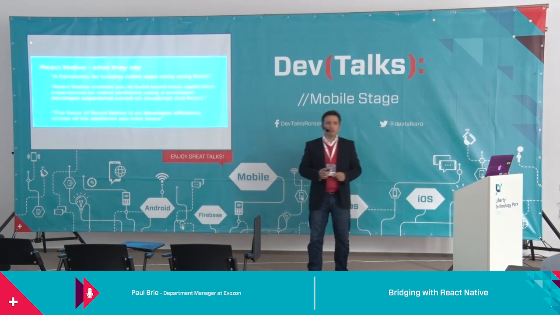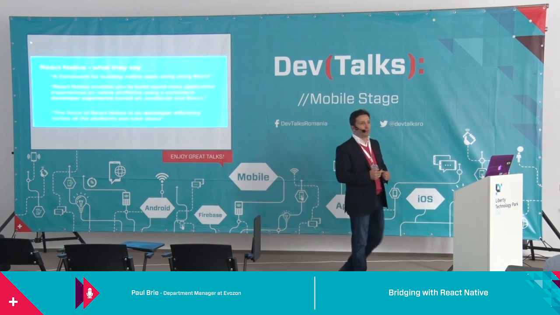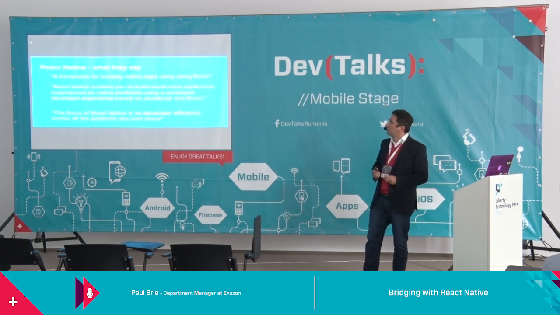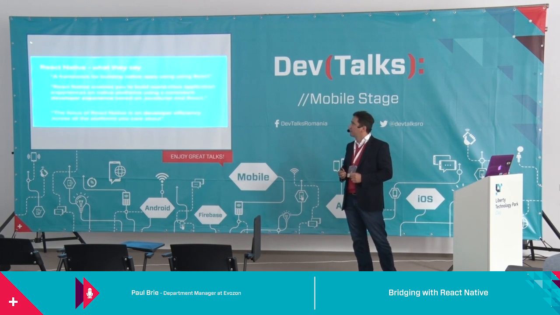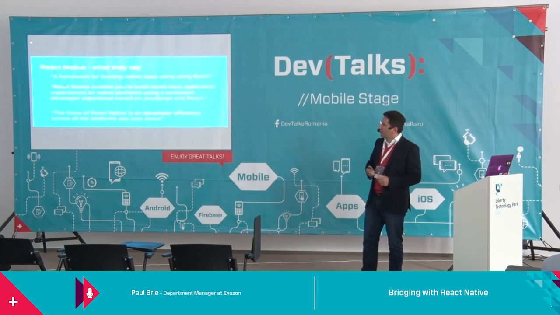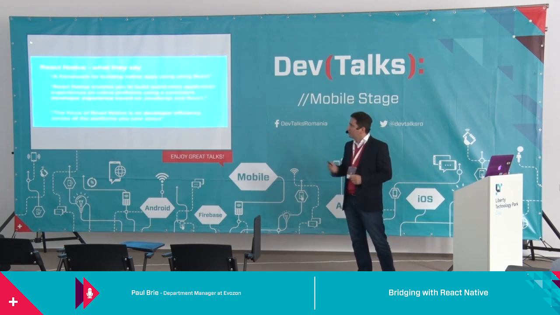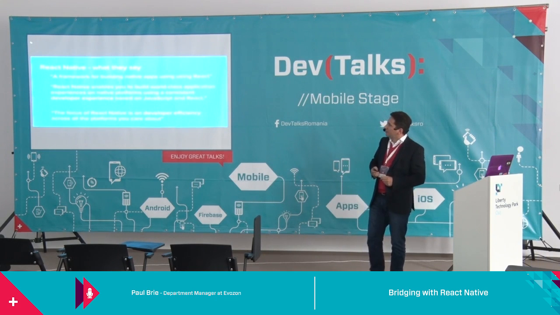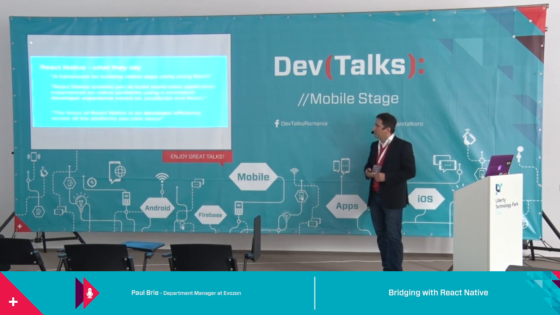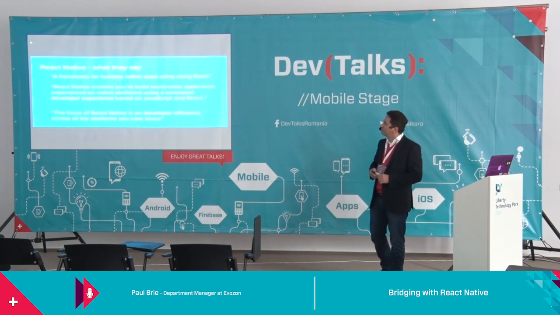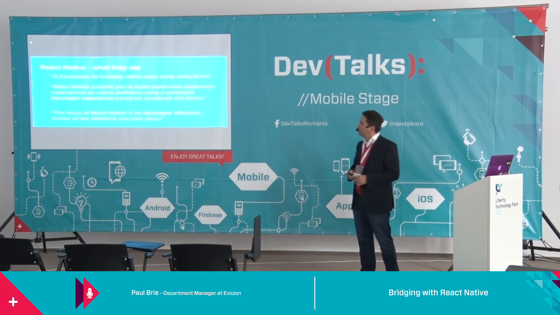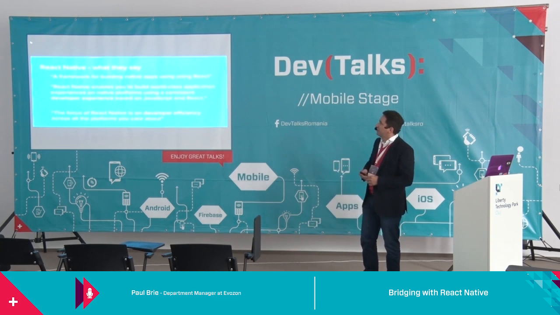I took these lines out of the presentation that Facebook has about their own framework. So I'll let you read the three statements, and then we'll come back to that. Yes, it's a framework, definitely.